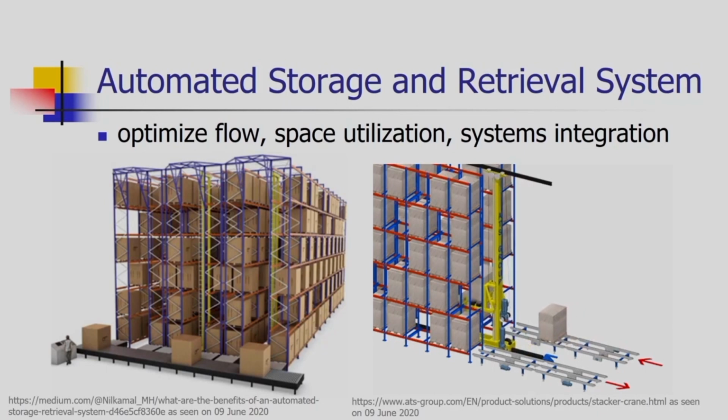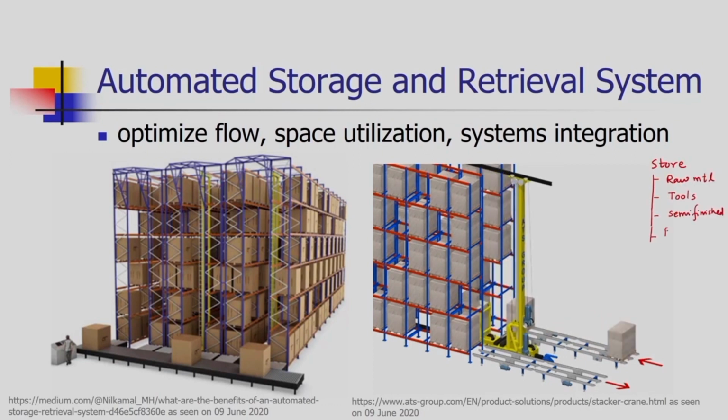So, as we have seen in the video, there is a rack and there is a stacker crane, and that rack and stacker crane are being handled automatically by the central computer unit. This system is basically used to store the raw material, tools, semi-finished products and finished products.